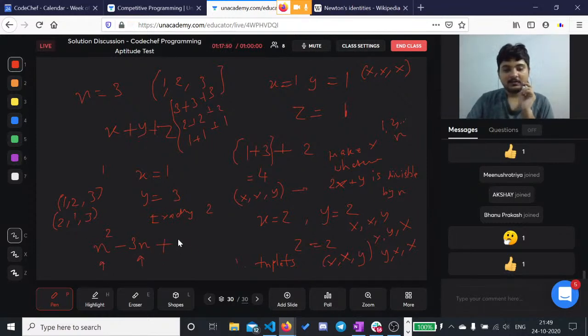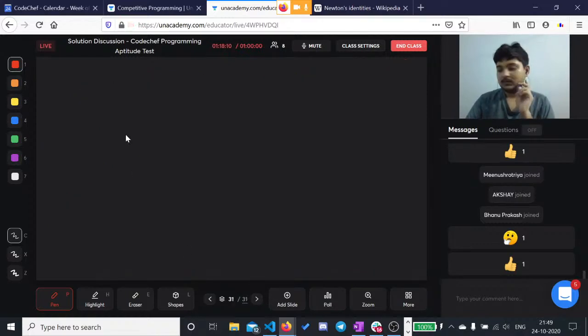So I'll add 2 times the number of triplets of the form x x x, such that 3x is divisible by n. Okay, so the final answer is n squared minus 3n plus 2 times the number of triplets of the form x x x.